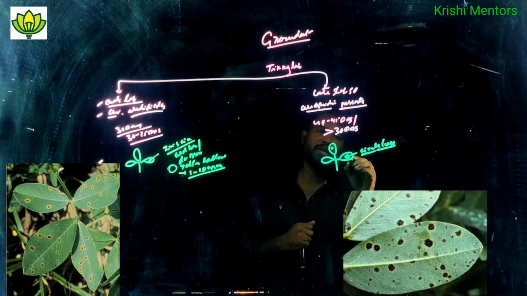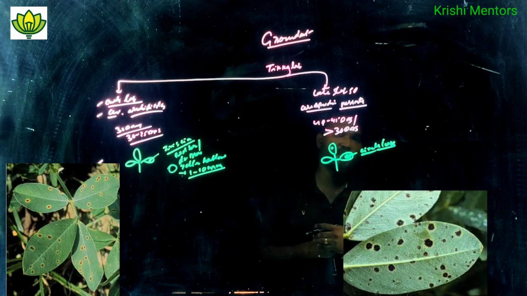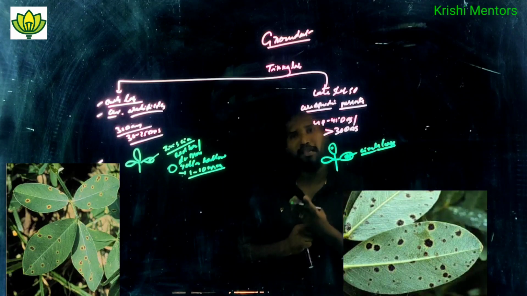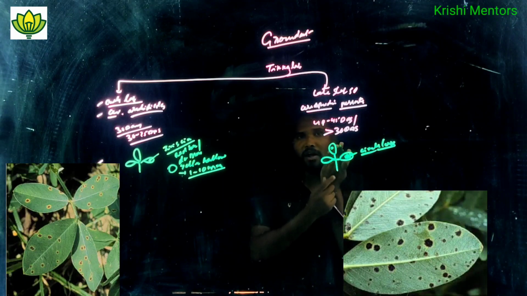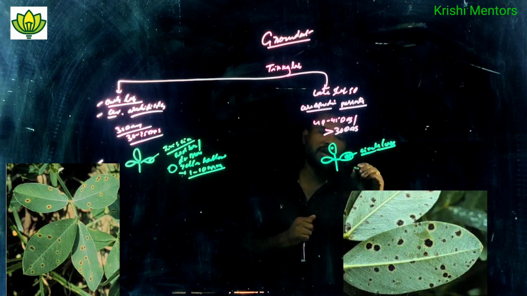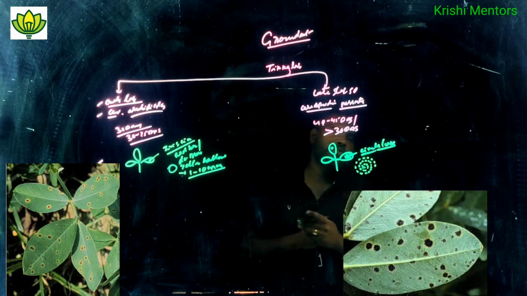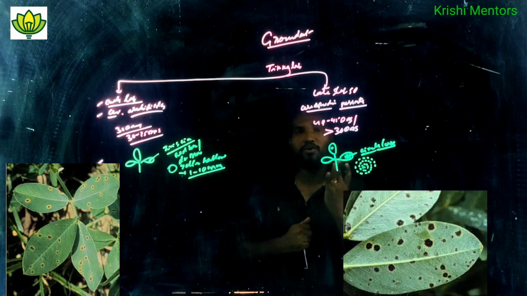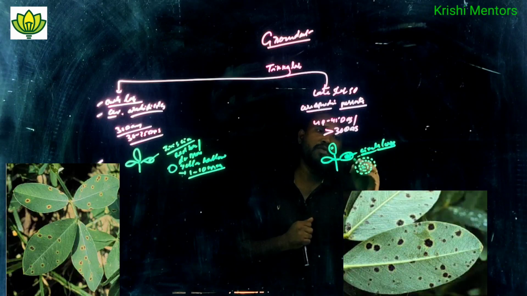Sometimes the spots are covered with a yellow halo, sometimes there may not be a yellow halo. On the lower surface, opposite to the upper part where the spots are, spores of the fungus are present in circular concentrated form. On the lower surface there is no yellow halo.